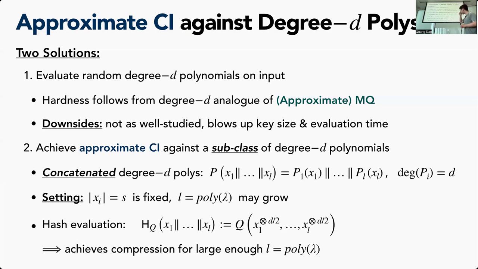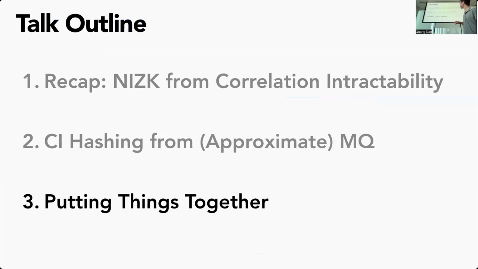So here you do some tensor steps so that eventually it's still correlation-intractable against degree D polynomials, but you only need a quadratic thing applied to these steps. Okay. So that's basically the idea.